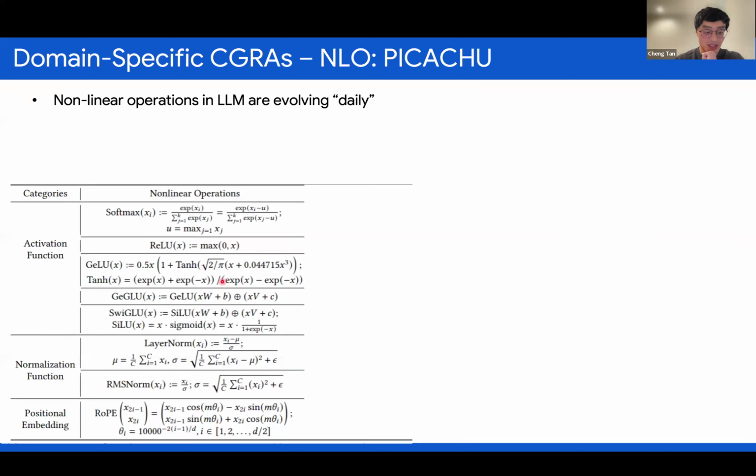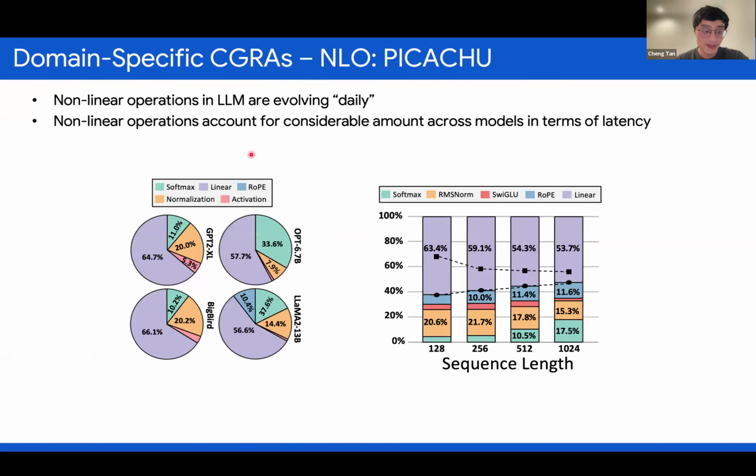Here we show that the nonlinear operations in LLMs are evolving daily or weekly or monthly. And the nonlinear operations account for a considerable overhead across models. Here, the linear part is about 60%, so the nonlinear is the rest.